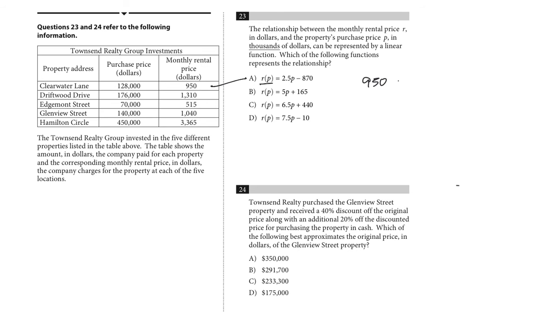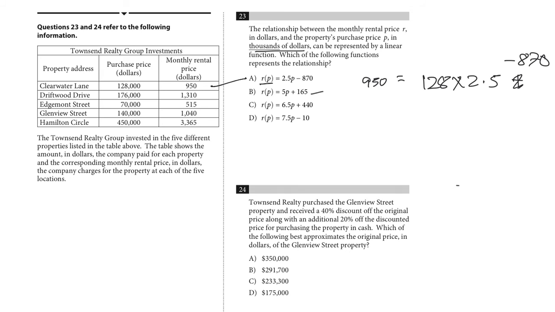So 950 is equal to what we have to check, in thousands of dollars over here. So 128 into 2.5 minus 890, 870. Sorry. Now, is this relationship correct? 2.5 times the answer won't be correct because it will go in negatives. How about this one? We have 5 times 128 plus 165.